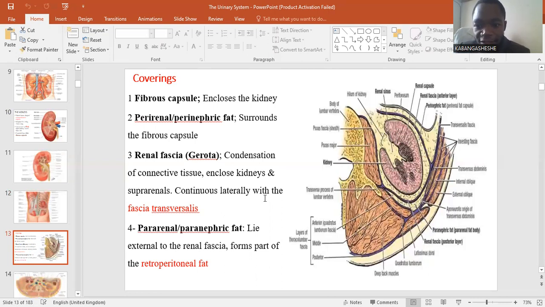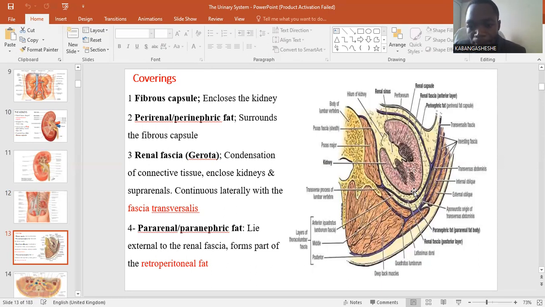Now, this fat is brown fat. Okay, this fat here surrounding the kidney is brown fat, what we refer to as thermogenin. Now, brown fat as compared to white fat, we see that brown fat produces more heat than energy as compared to white fat, which produces more energy than heat.